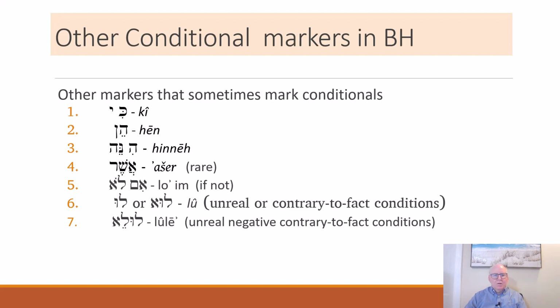It's some kind of discourse marker, look, or traditionally behold. But there are a few verses where BHRG and others list them as having a conditional force. Asher, which is a relative pronoun, is very common as a relative pronoun, but very rarely it's also used as a conditional marker.